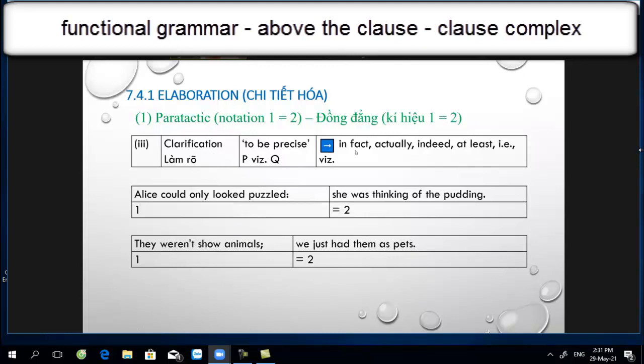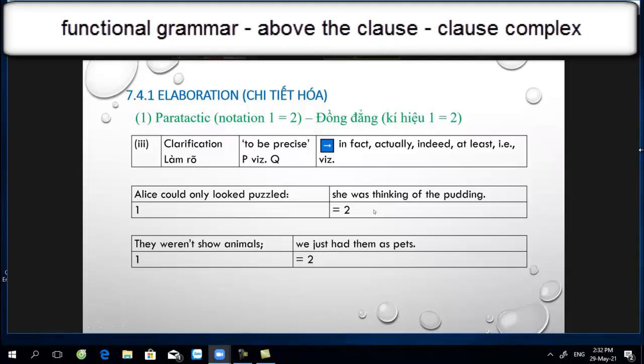And we have some indicators like "in fact", "actually", "indeed", "at least", and so on. And the first example, please. Miss Mai, can you choose one of our members to read aloud the first example for me? Okay.